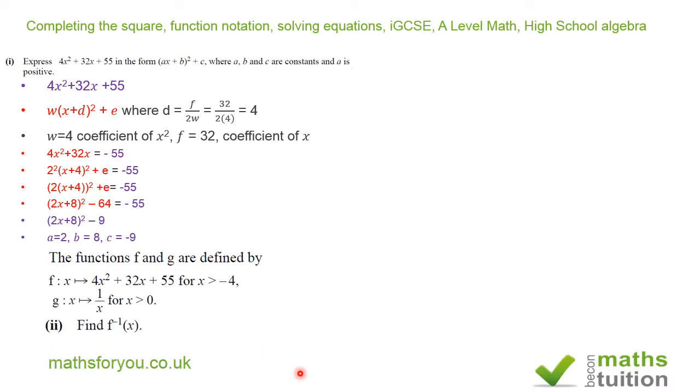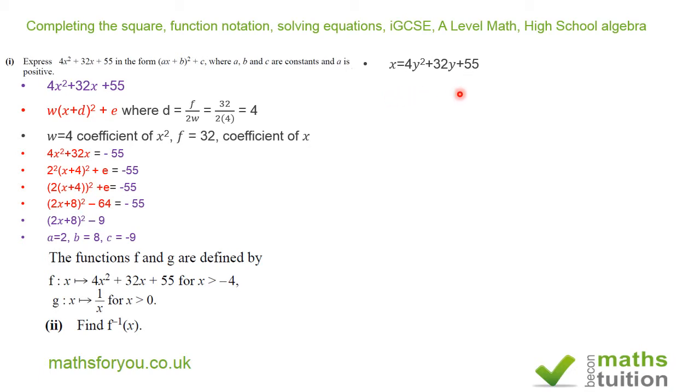And then it says find the inverse of the function f of x. Now the inverse is the reflection: when you reflect an object on the line y is equal to x, what you get is the inverse. And when you reflect on y equals x, the new x values take on the old y values and the y values take on the x values. Hence that's what we got here.